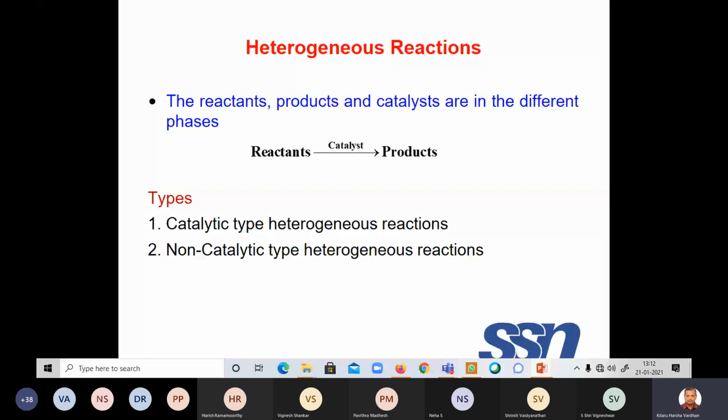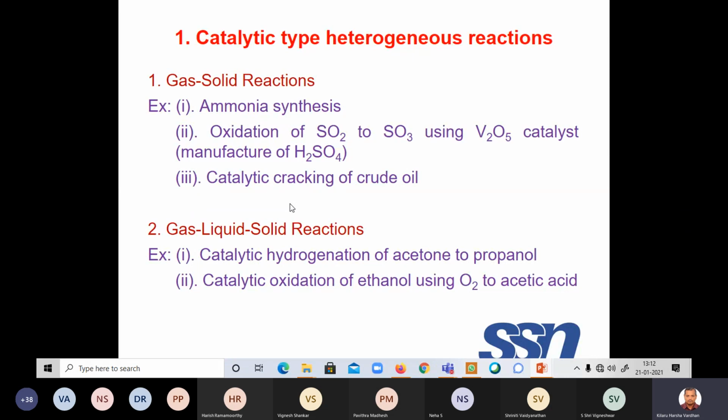When there is a catalyst, the reaction is happening. When there is no catalyst, still the reaction is happening because of the different phases of the reactant and products. When the reactants and products are of different phases, how to write the rate expression and how to find out the conversion which is happening there, that is what this CRE2 is all about. Okay. So you will be studying both, right?